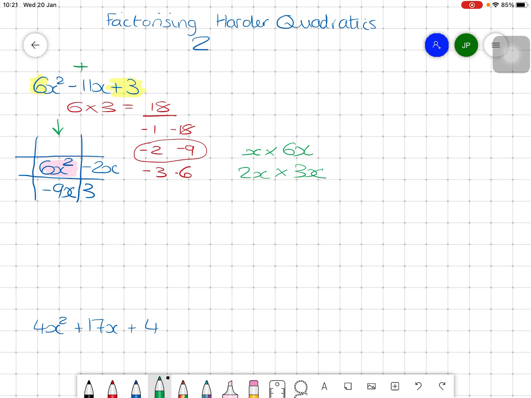So I can use either my 3x or my x. Then we check the other one. So if I now look at my row, if I've got a 6x squared and a minus 2x, well, I can't use a 6x because I can't get back to a minus 2x using an integer, but I could use a 2x. So therefore, the one I'm going to look for is my 2x and my 3x.